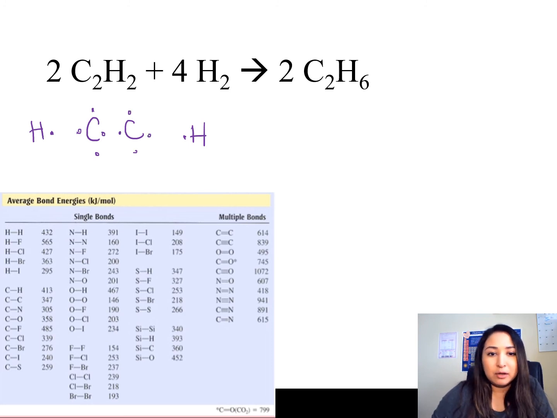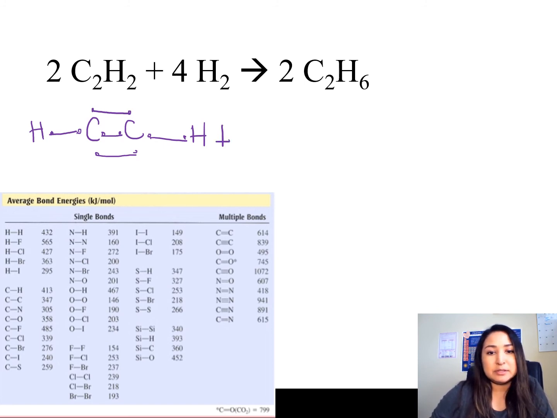And then we bond all the single ones. So let's bond the hydrogens first. We at least do 1 bond together for each molecule. And I still see a single one up here and a single one here, so let's go ahead and bond those, and this one to this one. Okay, now I have C2H2, with a triple bond from carbon to carbon and then a single bond from carbon to hydrogen.